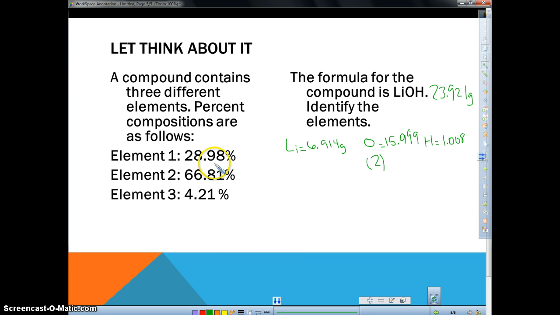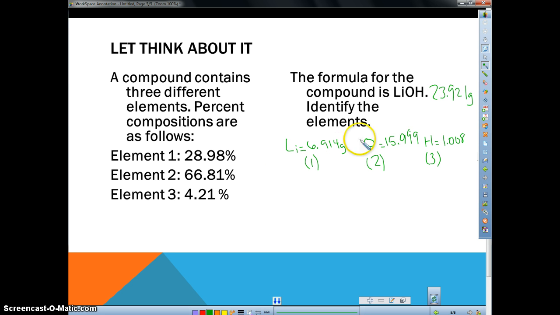Element number 1 then should be the next heaviest thing, or the next element that contributes the most mass, which in this case will be lithium. That's a little heavier than hydrogen, so it's going to make up a slightly larger percentage of the mass. And then hydrogen's the lightest, so it should make up element number 3, which is 4.21% roughly.